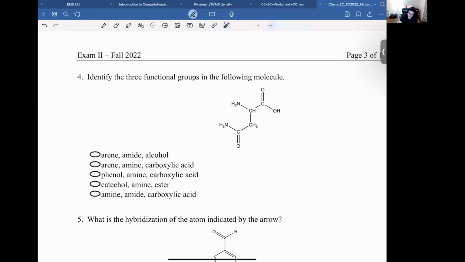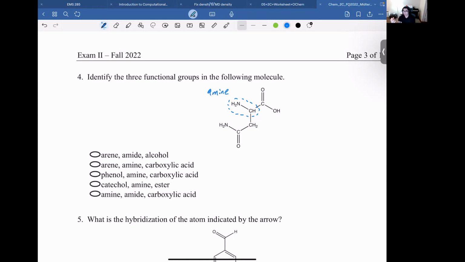So we have a functional group over here. This is a carbonyl functional group, C double bond O. There's a whole bunch of them that you'll have to know. Which one it is depends on what the carbon is connected to. So we'll talk about that. There's this nitrogen connected to a carbon. That's one. You have another carbonyl functional group here. So, knocking out the easy one: if you have a nitrogen bonded to a carbon that does not have a double bond to oxygen, this is what we call the amine functional group.